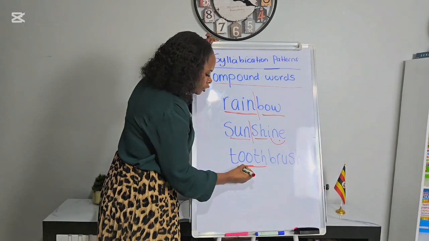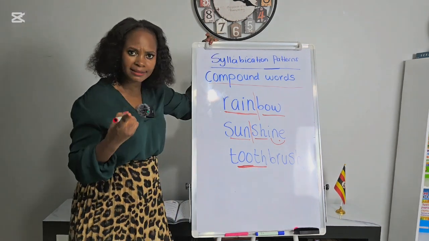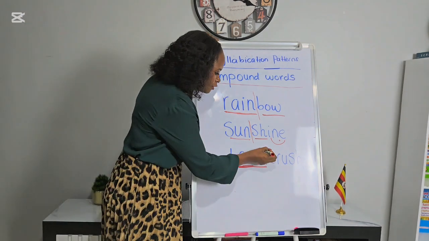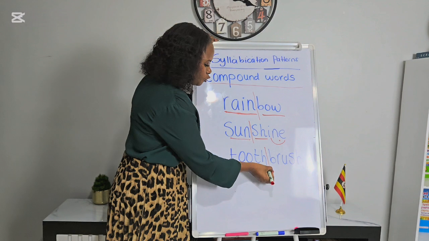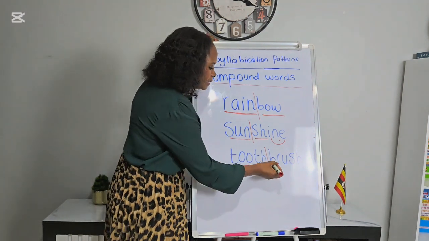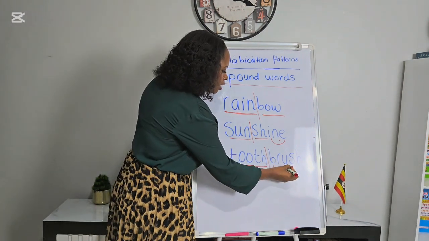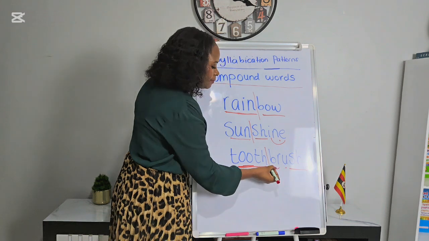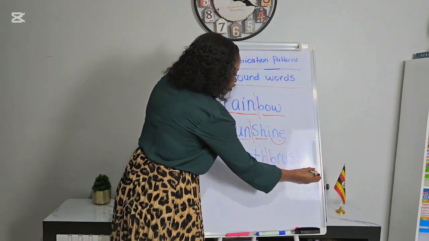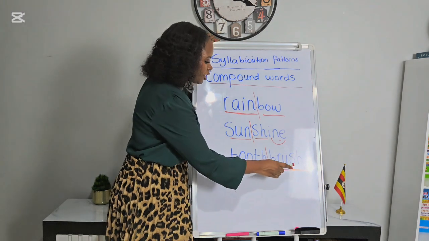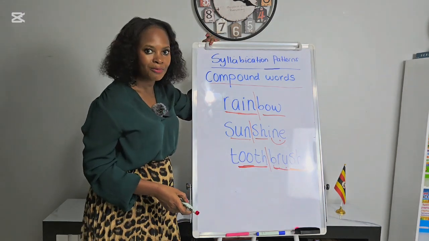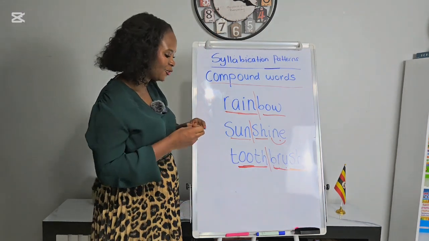Tooth. Tooth makes sense on its own. So I am going to split from there. Okay. So this part reads tooth. How about the other part? Let's check. Brush. Blend, brush. We have two words, toothbrush, toothbrush. That's how you do it.